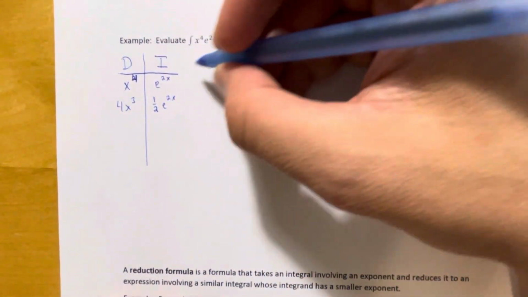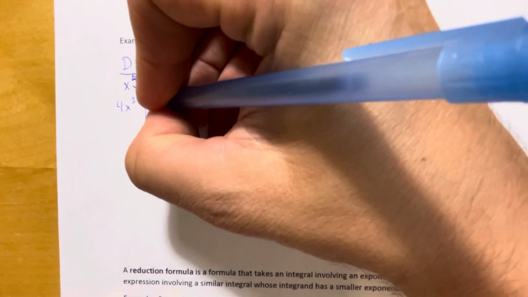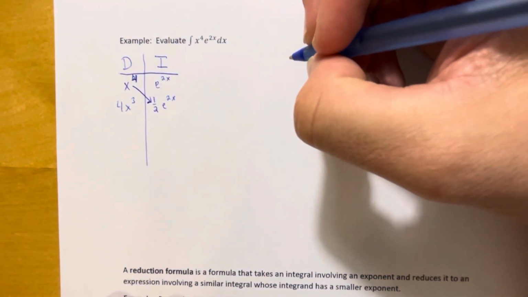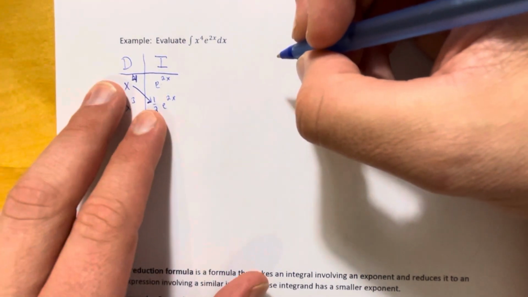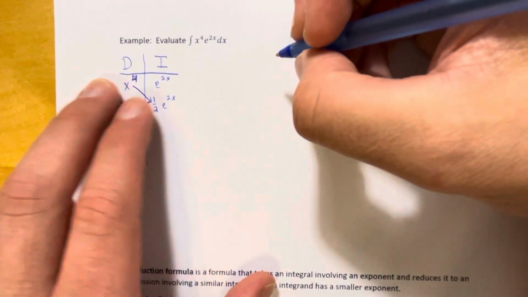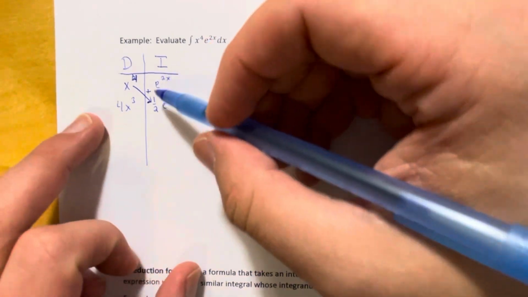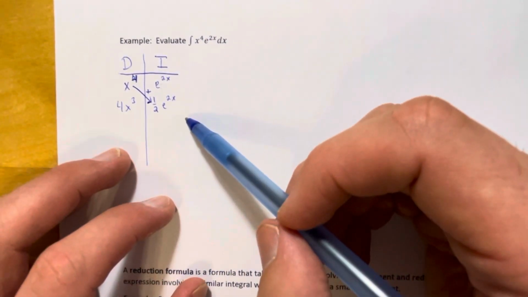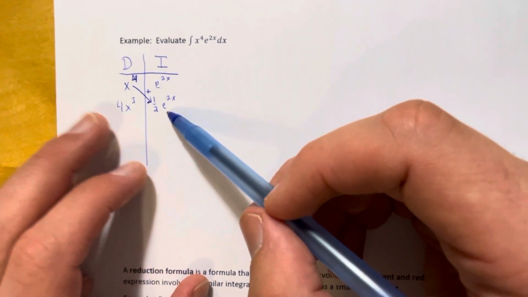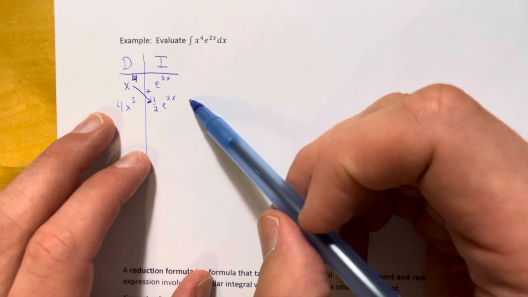So the first uv term would have been this guy times this guy, all right? And at this stage in the process, it's just uv. I don't have to take a negative of it or anything like that. So I'm going to put a little plus here to remind me that I'm not changing the sign, okay? Now in the next step, I would have done my integration by parts and all of that, and what I would have ended up with here is a new integral, the integral of v du.